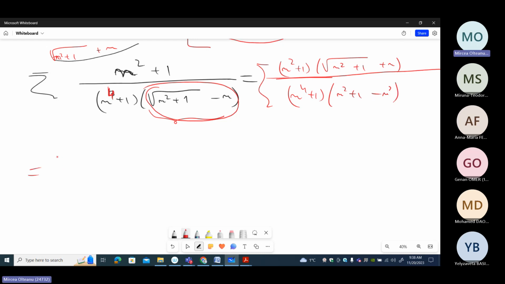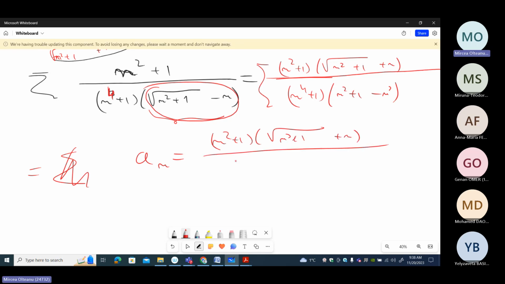So that will be the sum. So this is our series. I shall write just the sequence a_n. It will be n squared plus 1 times the parentheses, and here below we have n at 4 plus 1, and this is 1 here. Okay, so this is the sequence.